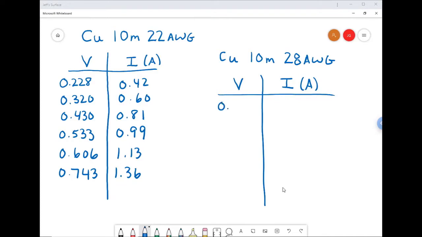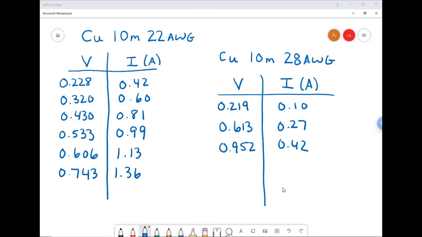At 0.219 volts, the current was 0.10. At 0.613 volts, the current was 0.27. At 0.952 volts, the current was 0.42.